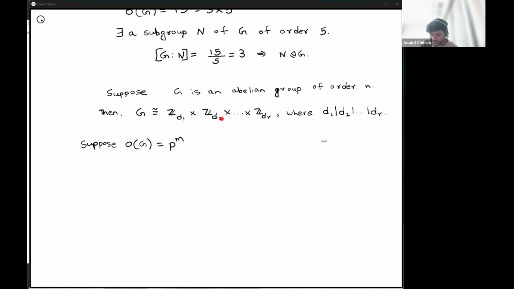So each one of these d's is a power of p, and they are increasing, right?